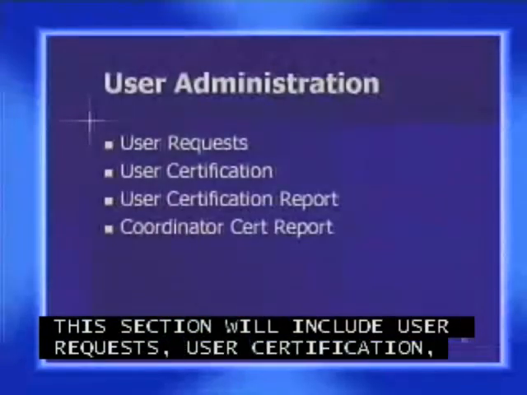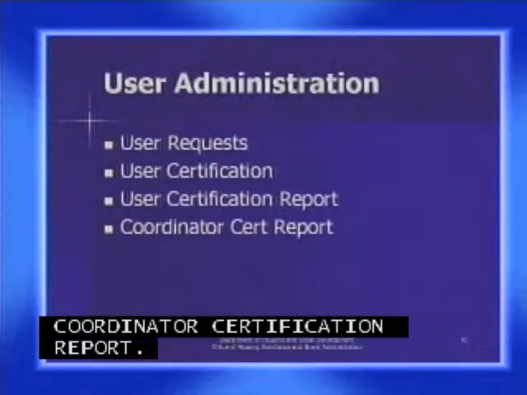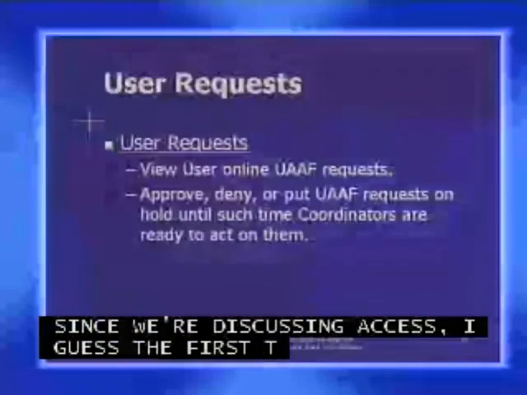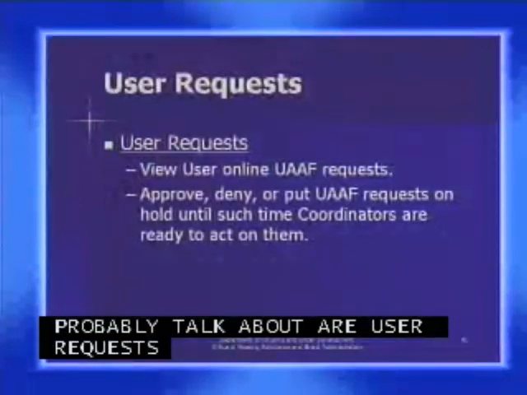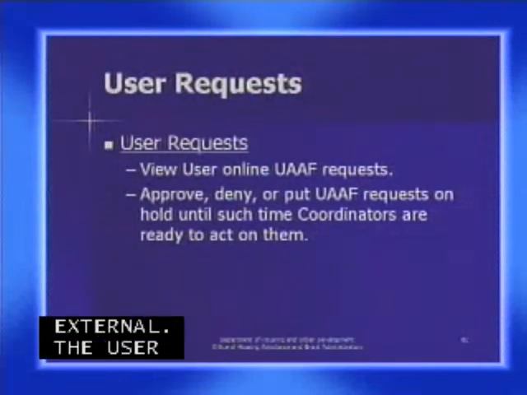User administration, this section will include user requests, user certification report, and coordinator certification report. Next slide, please. Since we're discussing access, I guess the first thing we should probably talk about are user requests to coordinators, external.